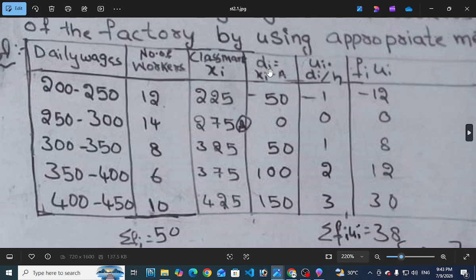In the deviation method, we use the assumed mean. As the frequency 14 is the largest frequency, we are taking the largest frequency mid value as the assumed mean. That is 275 as the assumed mean.